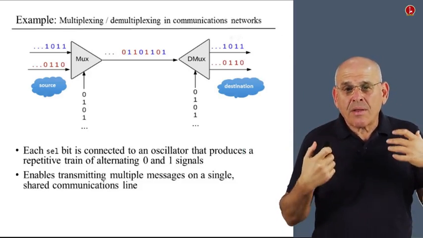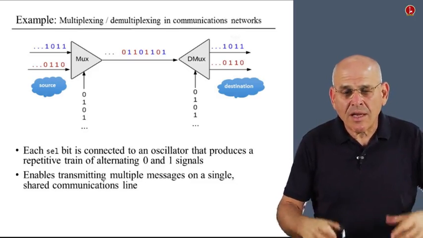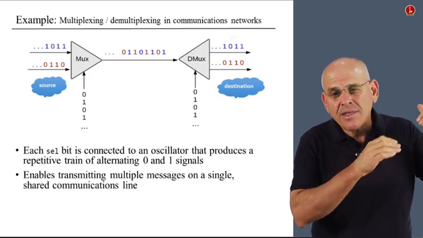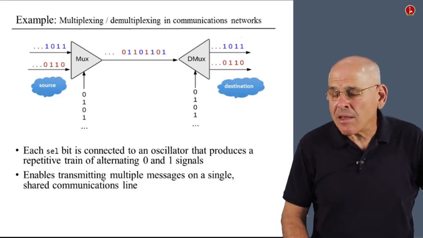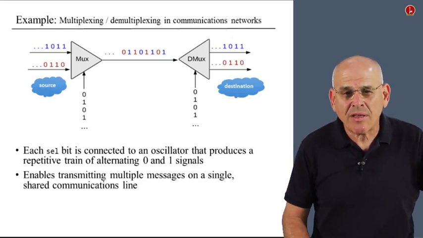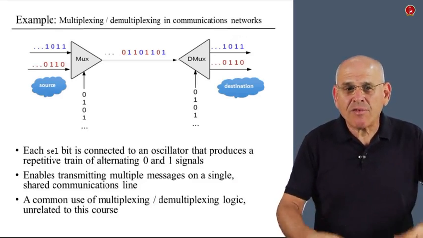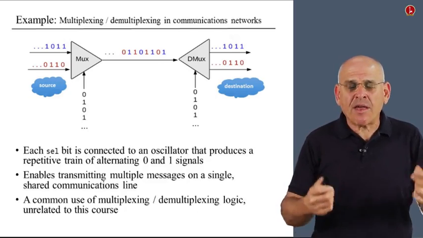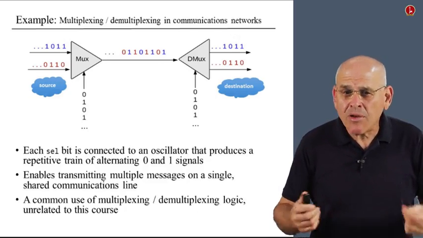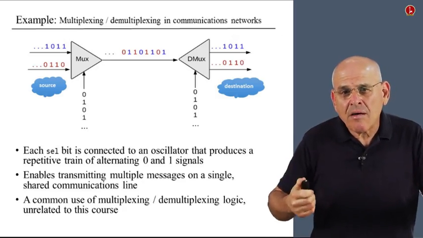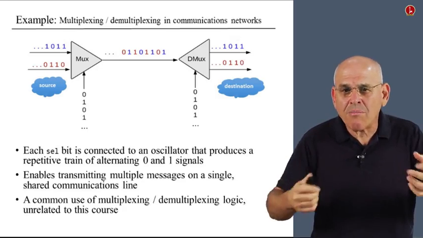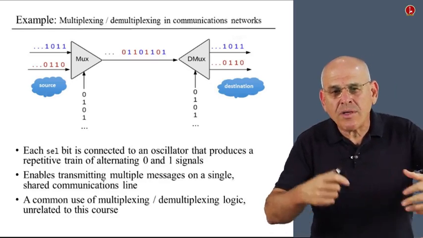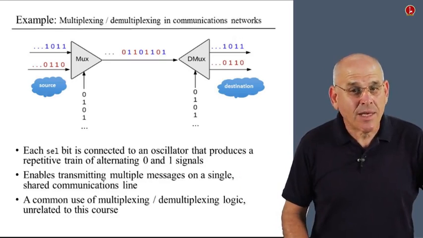So the DMUX and the MUX logic taken together enable me to braid or interleave several messages over a single communications line, which may be very expensive, and therefore it pays off to use it for multiple messages. Another attractive thing about this scheme is that it can be completely asynchronous. They don't have to operate according to a master clock. Every one of these two operations, the encoding and the decoding, can be done separately.